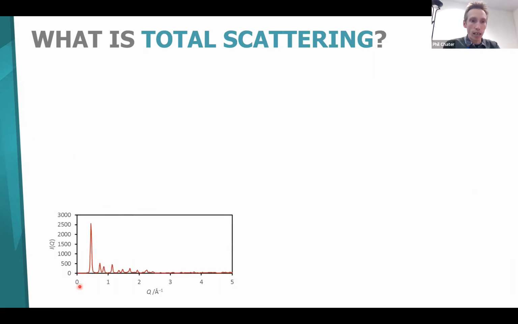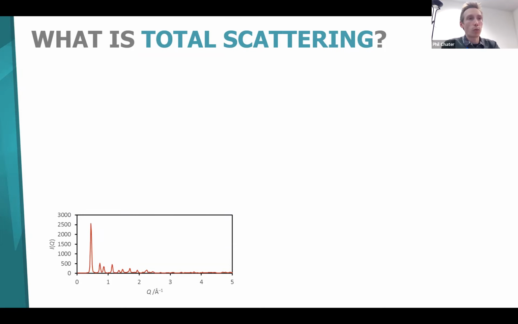Here we have a typical Bragg diffraction pattern. It happens to be of a zeolite, I think, as you might collect on a copper X-ray set in a lab. Now this contains our nice sharp Bragg peaks, but it doesn't actually give us much information on the local structure. That's because we don't have much information at this really high Q range, which is needed to get the really local structure.